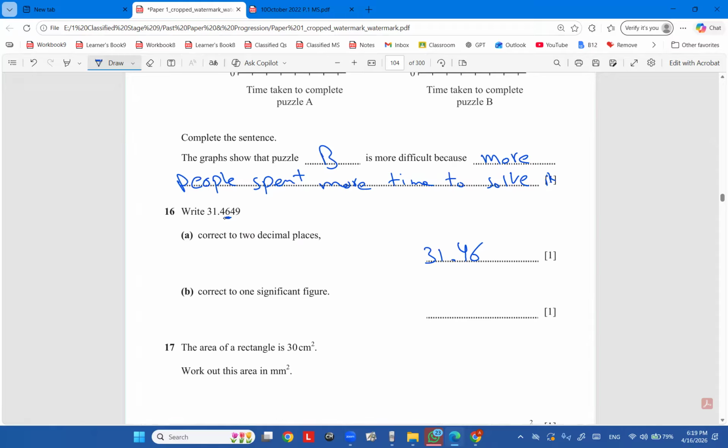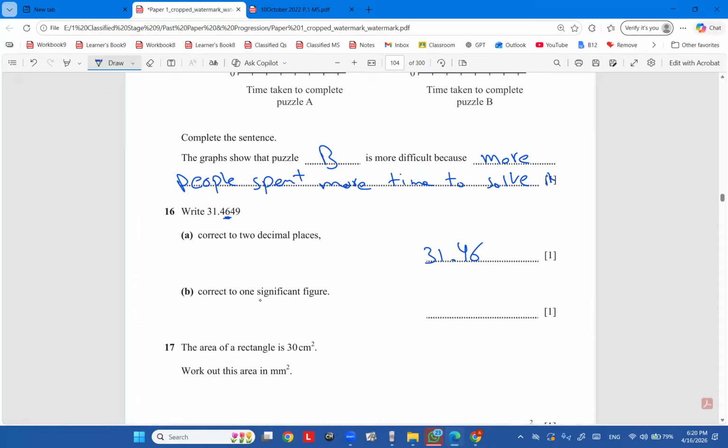Everything after the underlined digit, if they are decimal places, is removed. But if they were in the whole number, before the decimal point, then you would have needed to turn them into zeros.